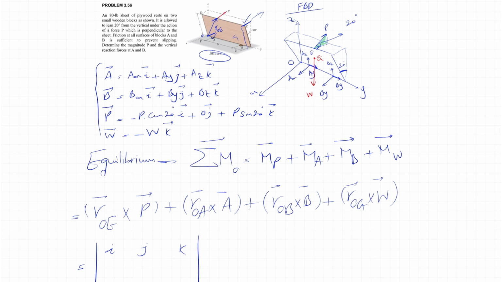So for the I component, since we are moving in the opposite direction, we'll have 4 sine of 20.